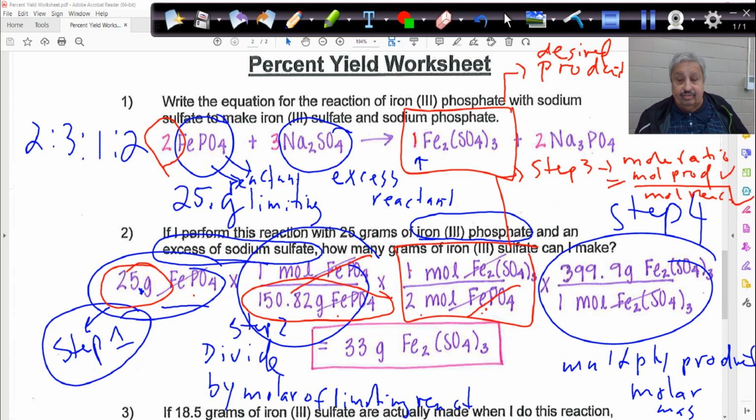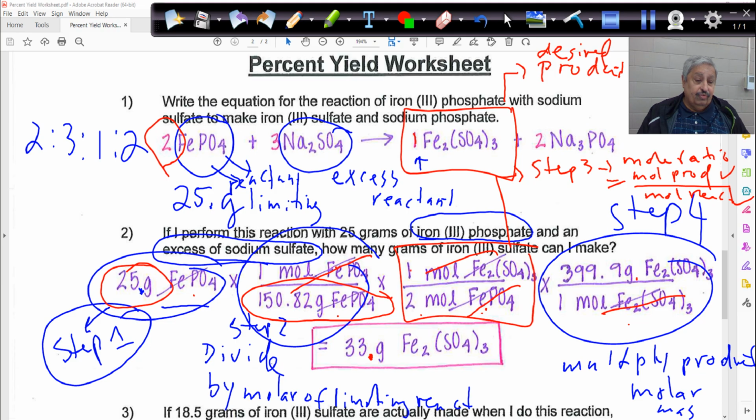That's what I said, you have to spend some time to calculate those molar masses. The moles cancel out. You get grams of your desired product, which is iron 3 sulfate, which came out to 33. I put the decimal on it here. 33 grams, 2 sig figs. Okay, guys, everybody's following?